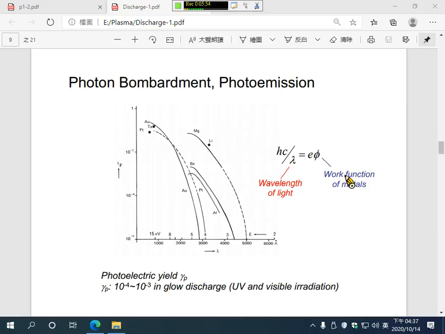This energy difference is the work function.